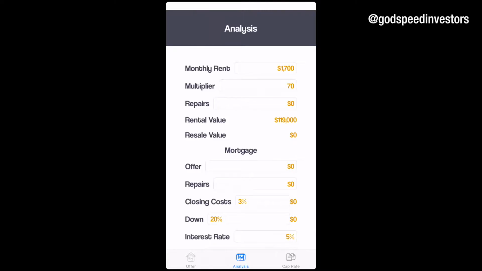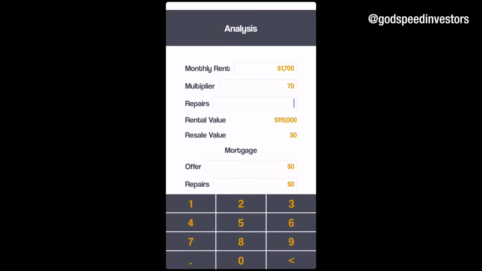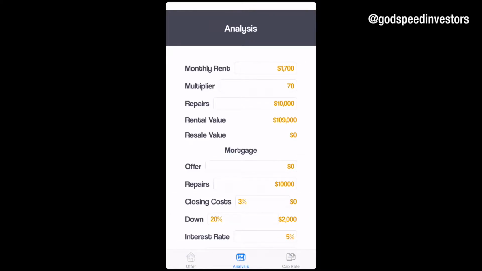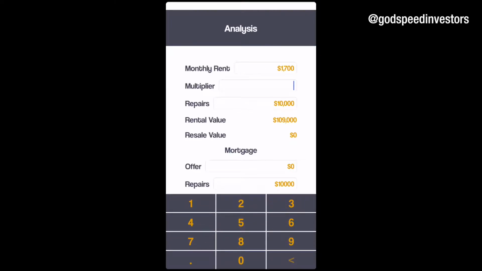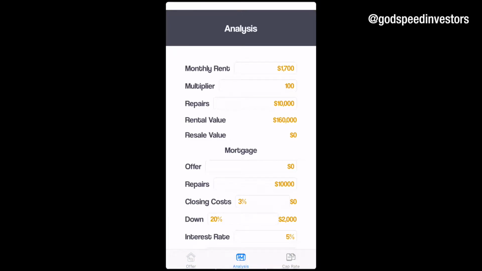$1,700. The repairs are 10,000. And so your highest and best use for this property is to see right here, the retail value of the property is 160,000 if it rents for $1,700.